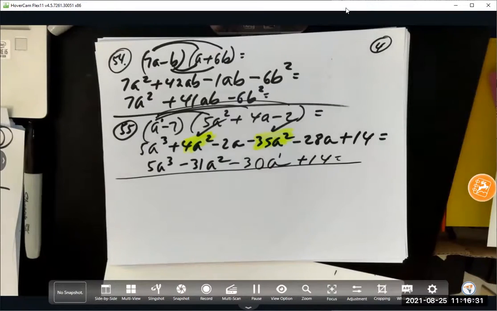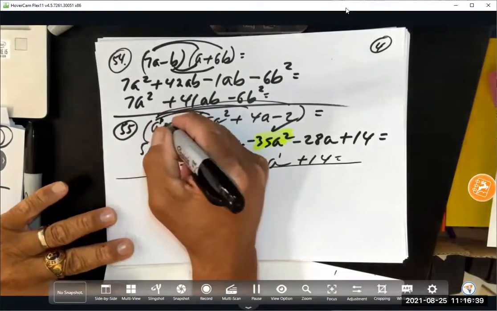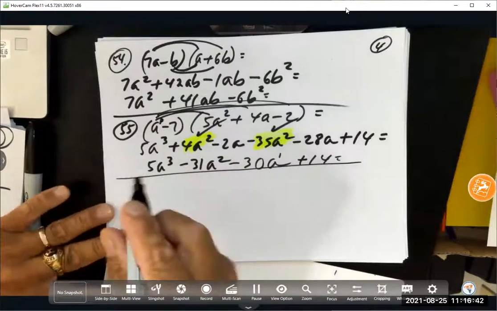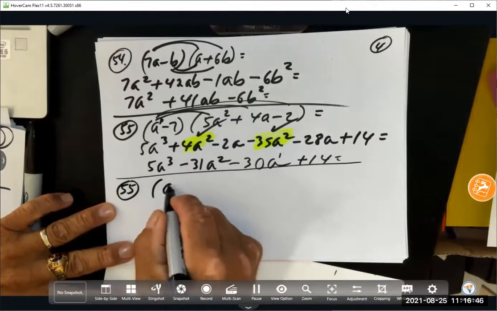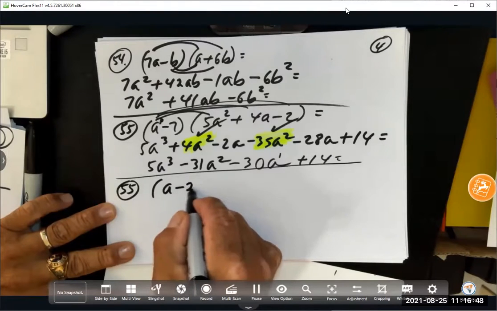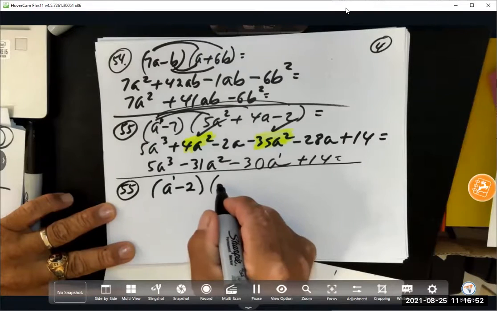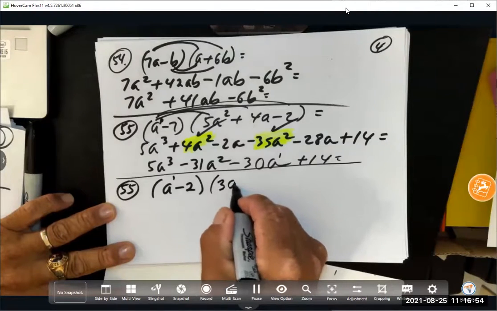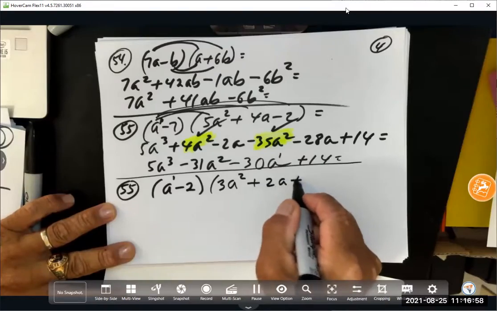Can I ask a question? Yes, go ahead. Sorry, I kind of got lost, but how did you come up with 5a to the third power? Oh, because this is a to the 1. I'll do another one just like this one. Suppose I have a minus 2, and this is the 1 power right here, right? And this is going to be 3a squared plus 2a plus 10 or something.